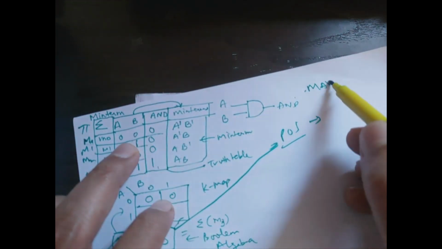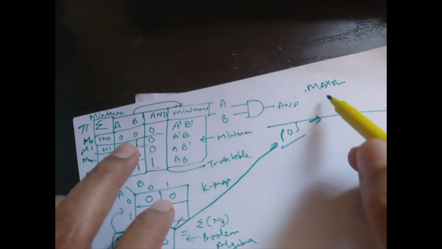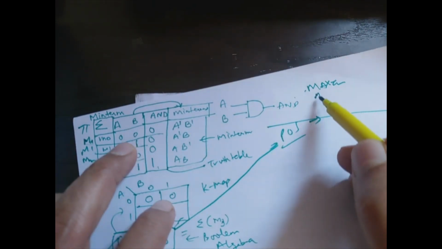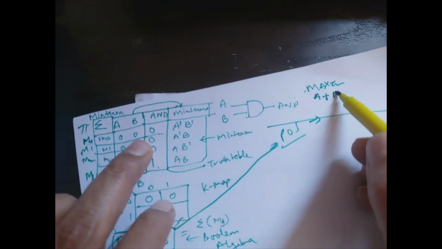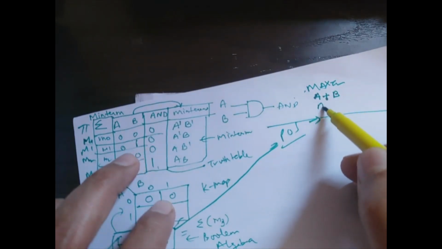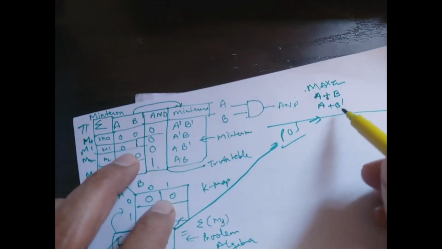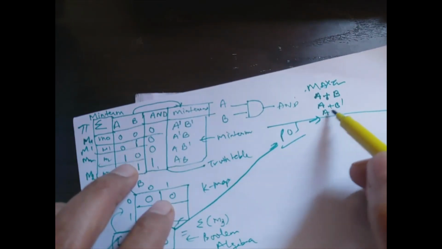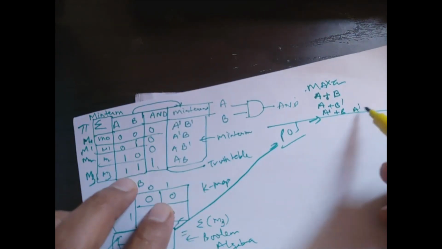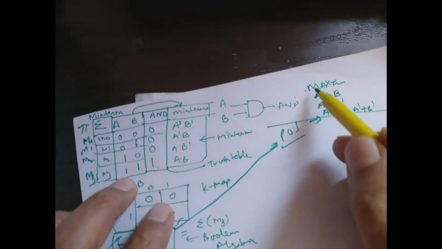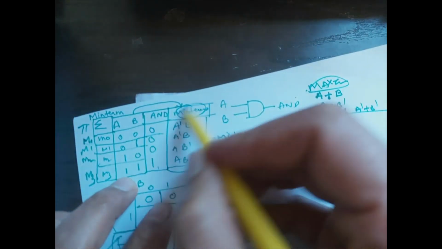Let me write max terms here. Max terms will be written for A, B: A uncomplemented and a sum in between, and B. For this it will be A or with B bar. For this it will be A bar or with B, and for this it will be A bar or with B bar. So these are the max terms, these are the min terms.